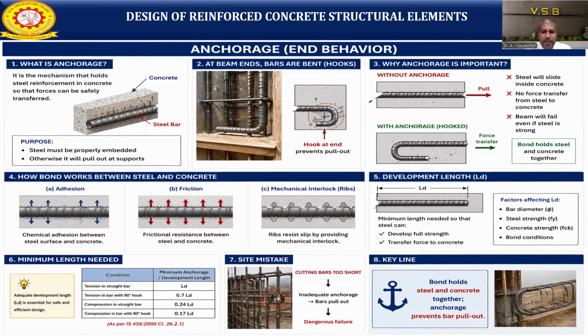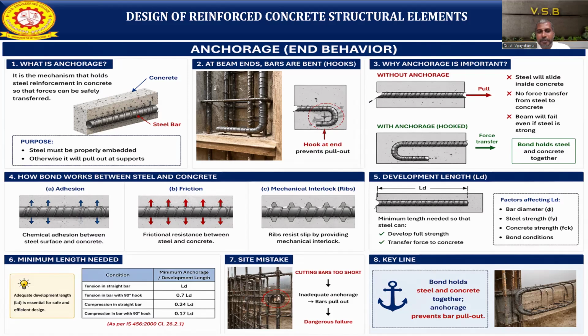When you take a straight bar, whatever length is required is called Ld. For a tension bar with a hook, the hook type of anchorage with a 90-degree hook, we can take the development length into 0.7. For compression in a straight bar, 0.24 into Ld. For a compression bar with a 90-degree hook, 0.17 Ld.